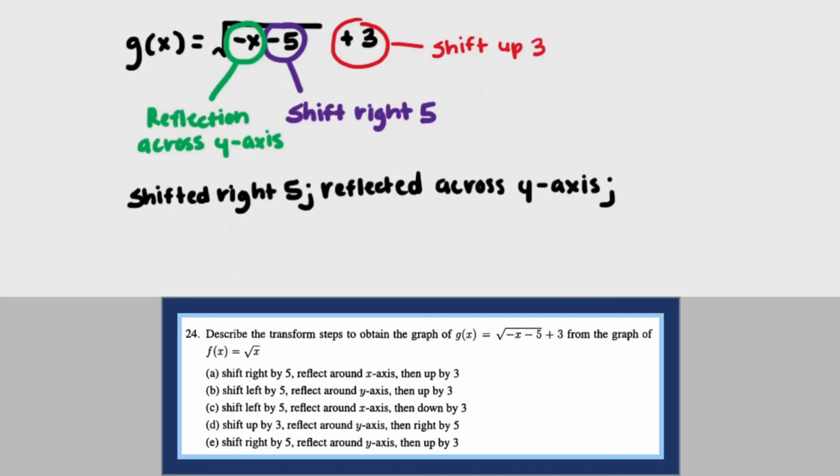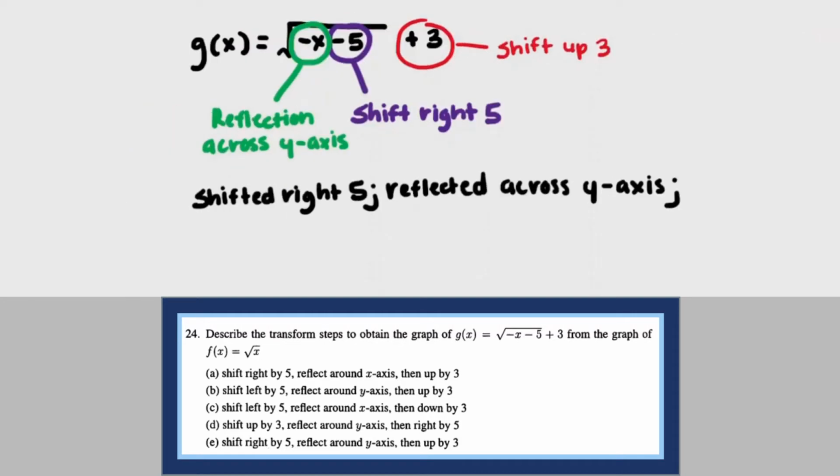And then lastly, it shifted up 3. So the answer choice that correlates to what we got is answer choice E. So E will be the answer to number 24.